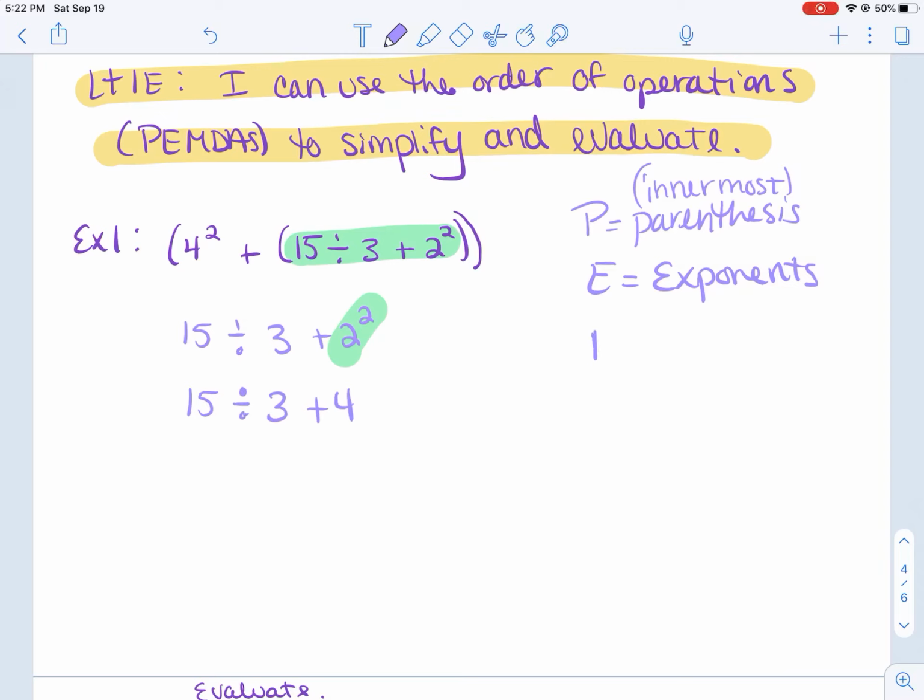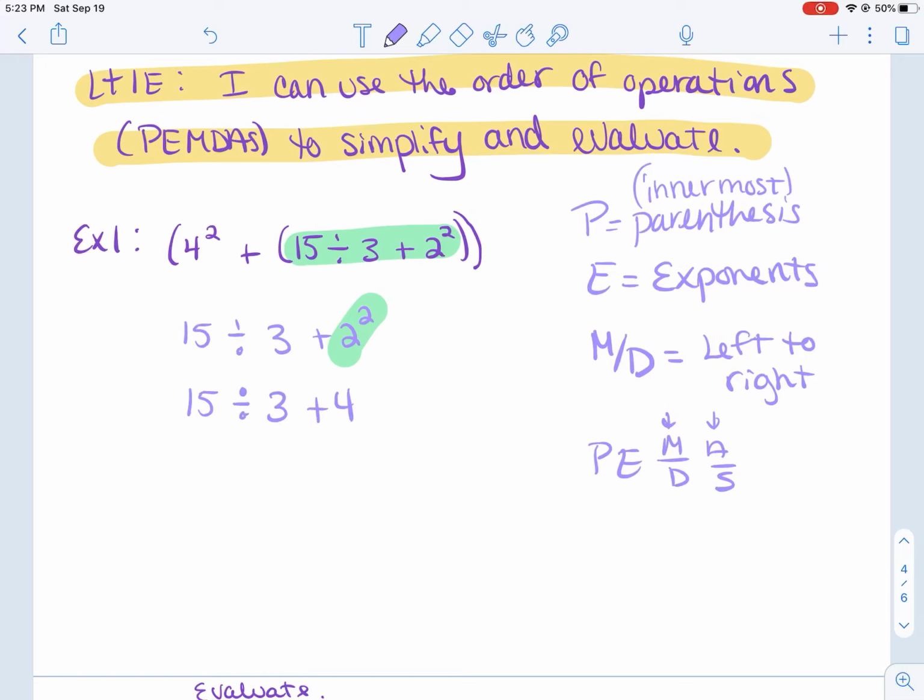All right, now PEMDAS, then we get to multiplication and division. Those we're going to do from left to right, so it doesn't matter which one of those comes first, multiplication or division. We're going to do it from left to right. I actually sometimes like to write PEMDAS like this so that we know multiplication and division and addition and subtraction are technically the same step.